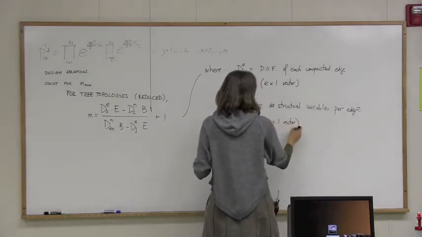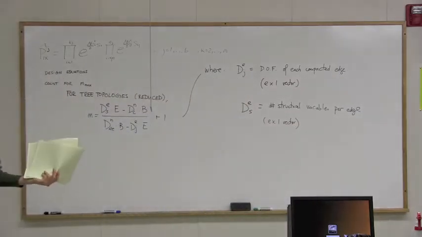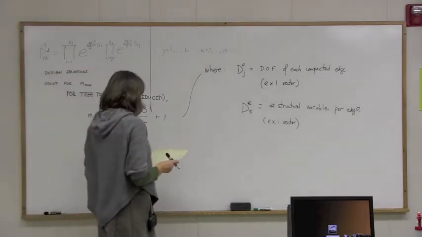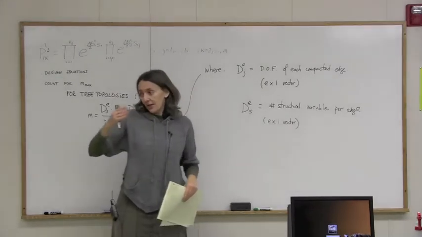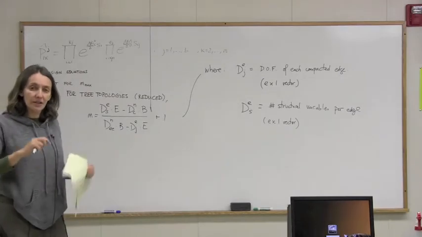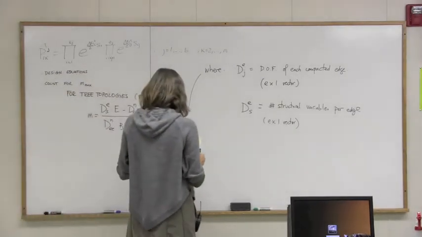What that means is, if your joint is a revolute joint, you have 4 structural parameters which are independent. If it's a prismatic joint, you have 2 structural parameters. If you have a compacted edge which has 3 revolute joints, you have 3 times 4 equal 12 structural parameters on that edge. We will do an example, so that will be easy.